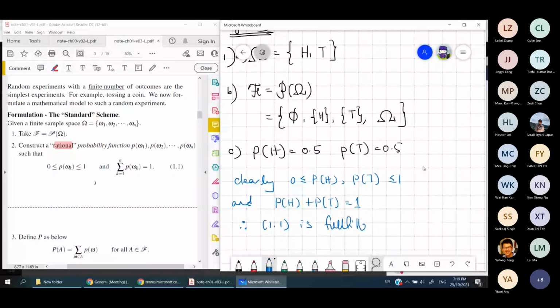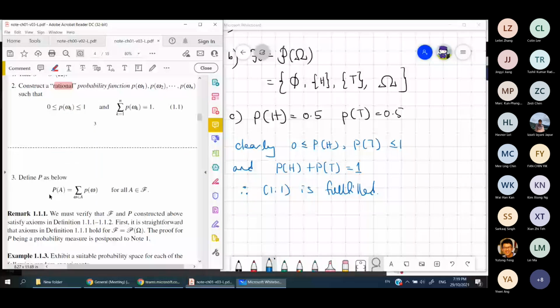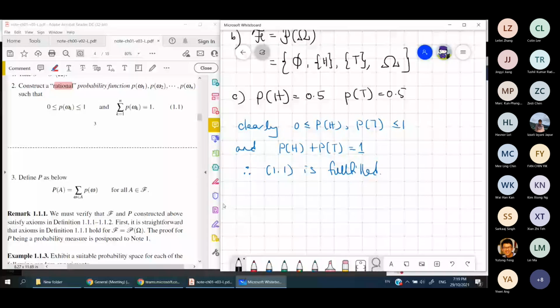Once we can construct this, I think this is clear already. We can define our probability to be like this: P of A will be summing up the probability for each of the values here. In this case, we can see the probability measure can be described by using this table. We have the empty set, H, T, and omega.